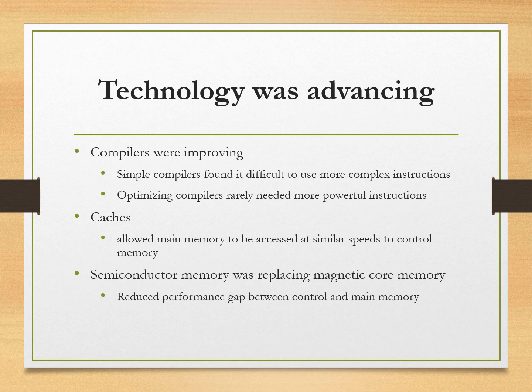Semiconductor memory was replacing magnetic core memory, which reduced the performance gap between the control and the main memory. If you can make the control and the main memory using the same technology, which can be accessed very fast, then you can have the advancement of the technology. You make the microsystem much faster.